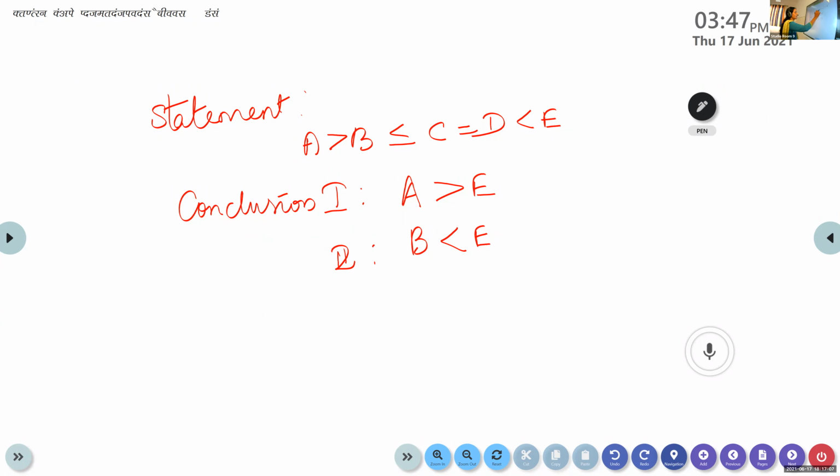How to do this? C and D are equal, but we don't want C and D, isn't it? So we can make it as a single term. Instead of C and D, we can write this as A greater than B, less than or equal to C, less than E. So is it possible to say A is greater than E?